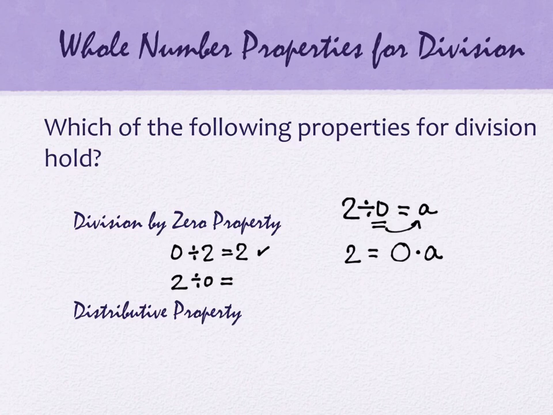I can never get back to the 2, right? There's no way to get back to the 2. I can't divide by 0 and get back to 2. So from the very definition of division, this is not defined, does not exist, is not defined. You can use any of those words if you'd like, but at the very least right now, they're not the same.